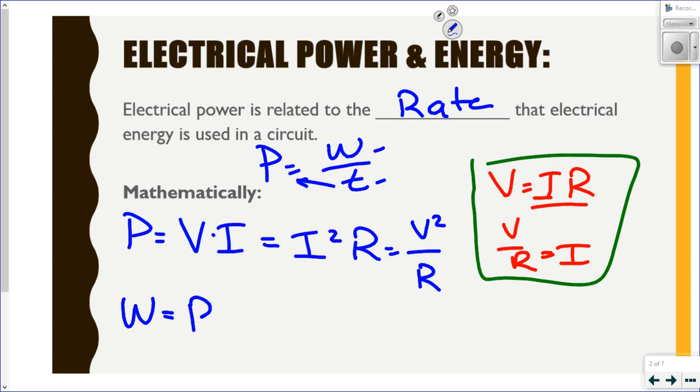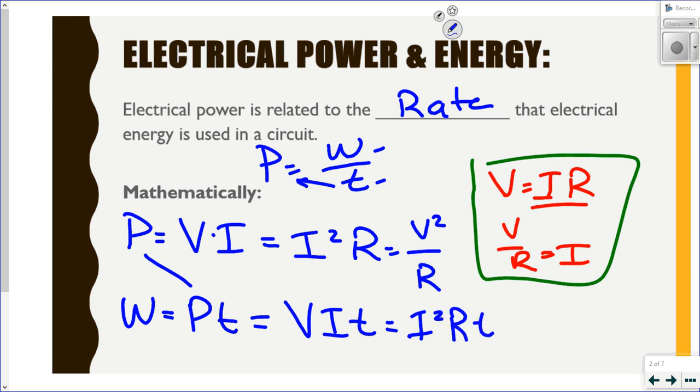So first, power times time, and I can do the same thing with each next step: VI times time, or I squared R times time, or our last equation, V squared T over R. All I've done is taken each of our power equations and multiplied by the time, because power times time will give us a work, or an amount of energy used in the circuit.